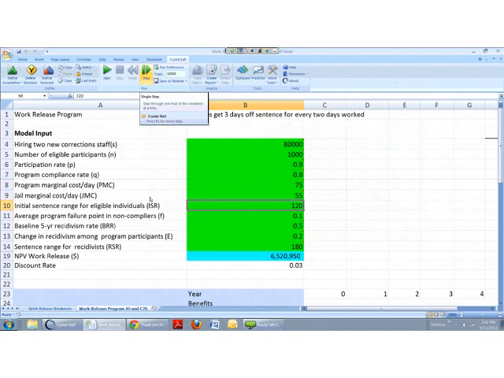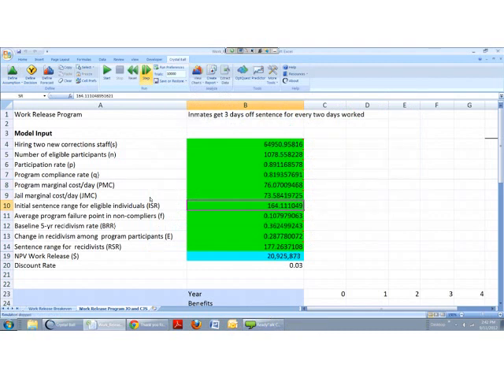So if I say step here, you can see all these numbers just changed, and we got a much higher NPV. And I can do that again, and now this is actually the red in the parentheses, meaning that it's a negative NPV. So just from these few steps, we can see that there is a pretty big variation in the range of outcomes that we can expect. So already we're getting some valuable information there.